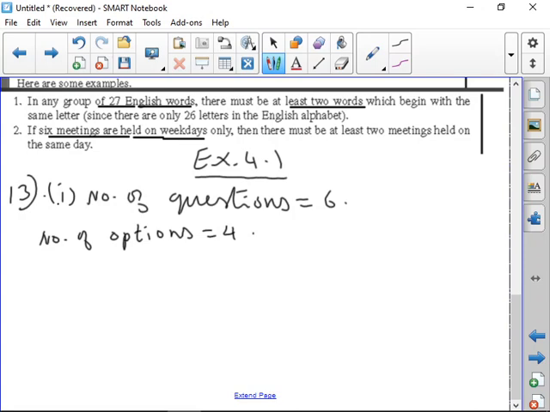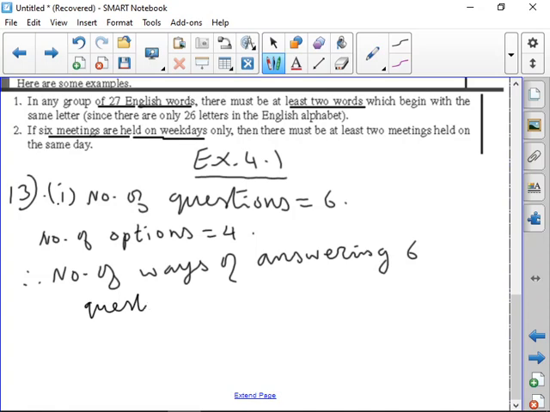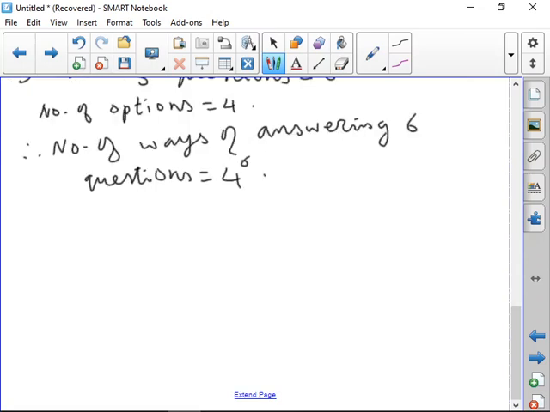So therefore, number of ways of answering 6 questions is equal to 4 power 6. Okay, it is based on example 4.14.